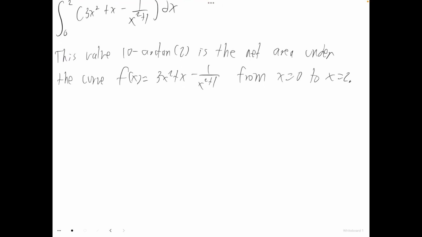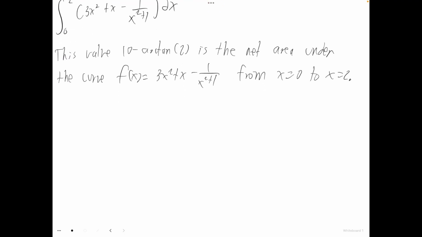So remember, that means we're treating area above the x-axis as positive, area below the x-axis as negative. That integral is telling us the net area. So it's giving us that net area in this situation.